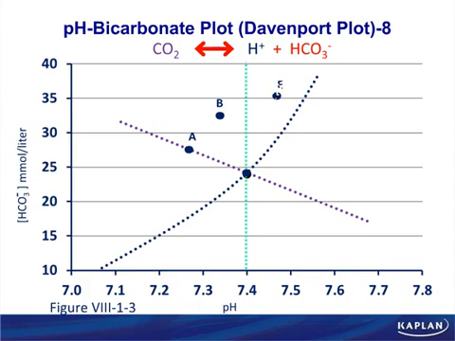What does E represent? E is a metabolic alkalosis with a respiratory compensation. What does G represent? Well, G is a metabolic acidosis with a respiratory compensation. What does I represent? This is an acute respiratory alkalosis.